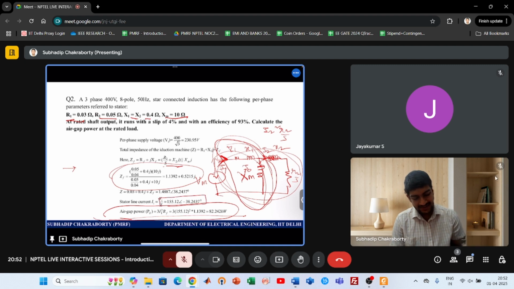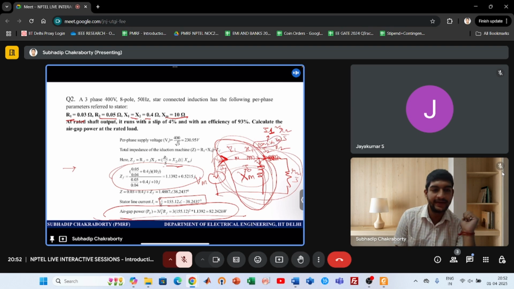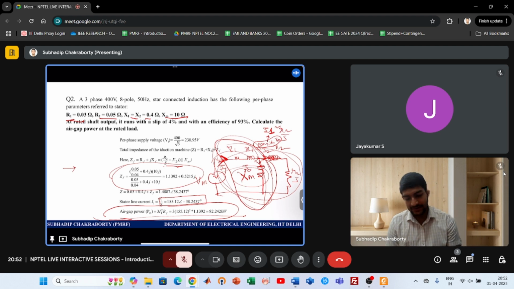Generally, after the stator copper losses, after R1 and X1, I can take I1. I1 and I2 come out different only because of I0, right? But I need to consider I0, and if I consider I0, then it will be I1 square, considering XM, because that we neglected in the previous analysis, but it should not be neglected. So the actual current square into R2 by S gives the air gap power, right?